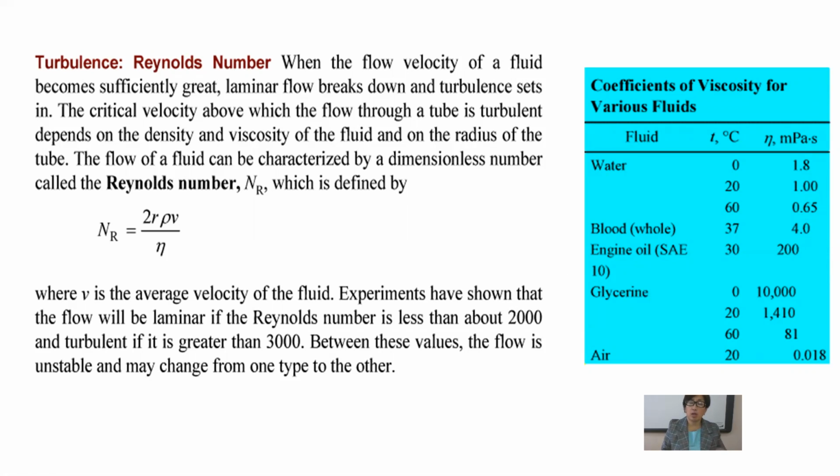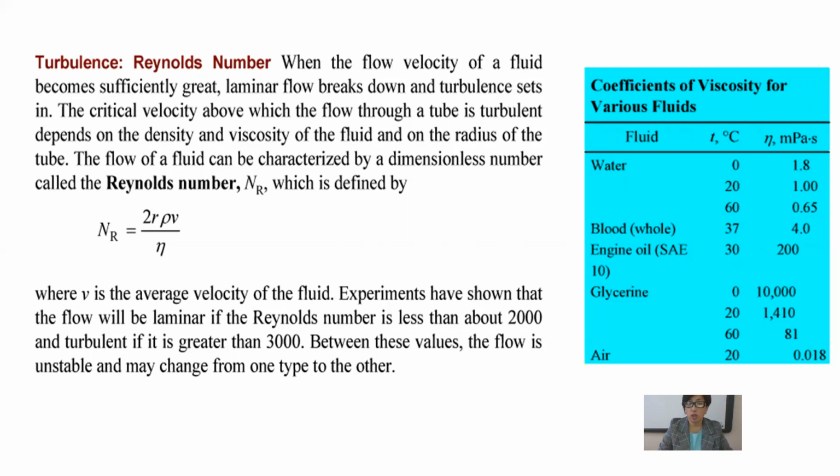And we know two types of flow, turbulent and laminar. To find whether flow is turbulent or laminar, we use the Reynolds number. When the flow velocity of a fluid becomes large, laminar flow breaks down and turbulence sets in.